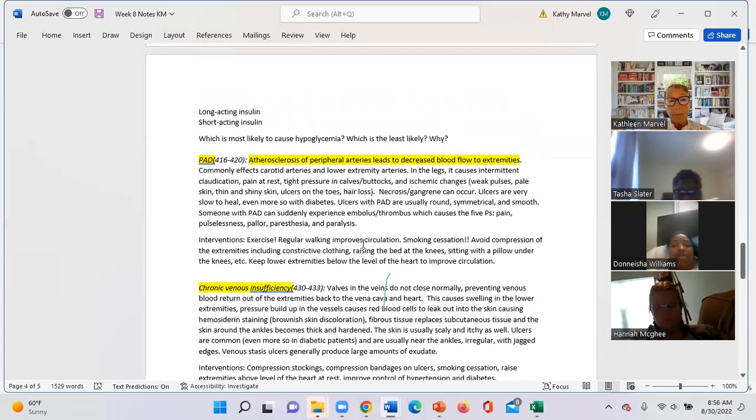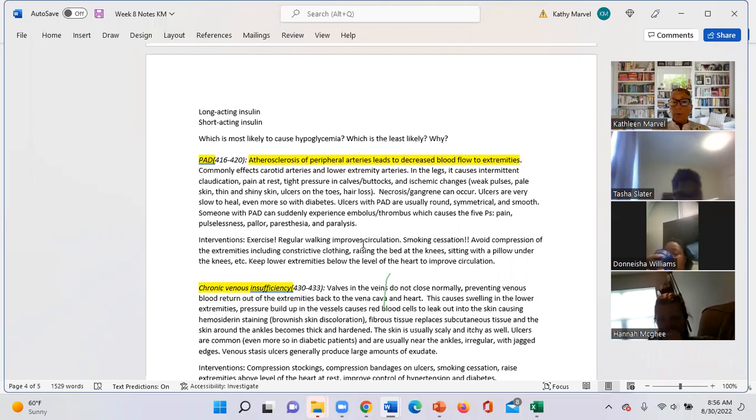Peripheral artery disease. Here's your pages, 416 through 420. That's in your readings. Okay. What is it? I hope you've studied some of these issues in your med surg class. So go ahead, Tasha. I'll just say it's where there's some type of deficiency of the flow of blood to your extremities. Exactly.